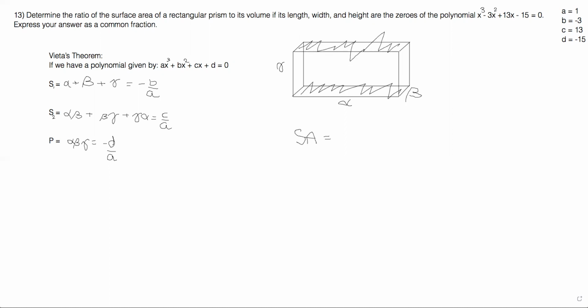Because the bottom and the top are equal, together these two shaded planes are going to be 2 times alpha times beta. That will give us the total shaded area between those two. And we're going to have something similar for the remaining sides as well. The sides are going to be 2 times beta times gamma. And our remaining front and back sides of this figure are going to be 2 times alpha times gamma.